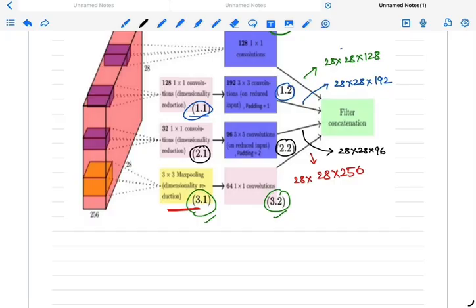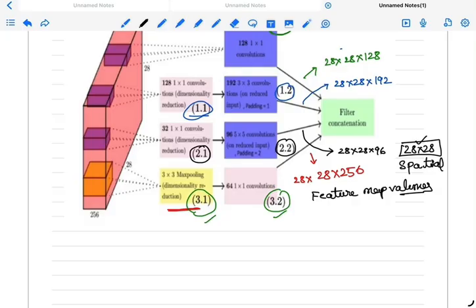So remember, for all these feature map volumes, the spatial dimension is the same, 28 cross 28, common.